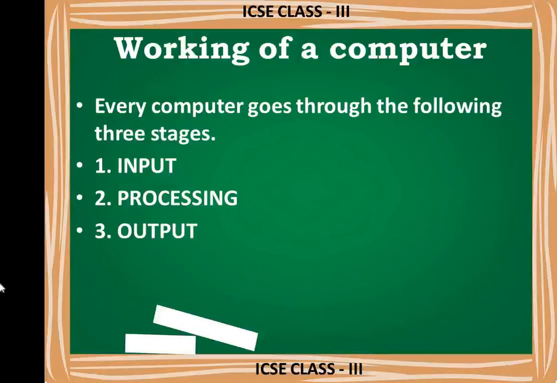Processing means boiling the water with the tea leaves, milk and sugar. Boiling is the process. Then after boiling, the output: the final prepared tea is the output.